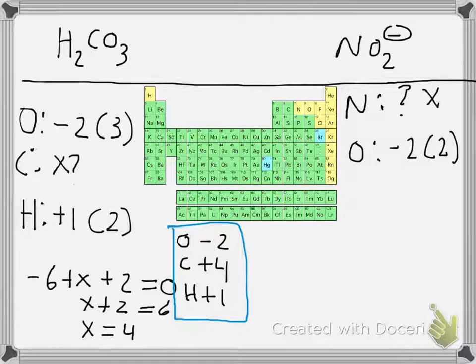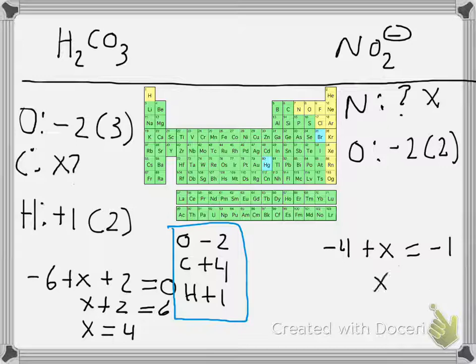We also know that the overall charge on the molecule has to be a -1. So what we can do is say we have -4 for oxygen plus X for nitrogen, and there's only one of those, equals -1. So that means X has to be +3.